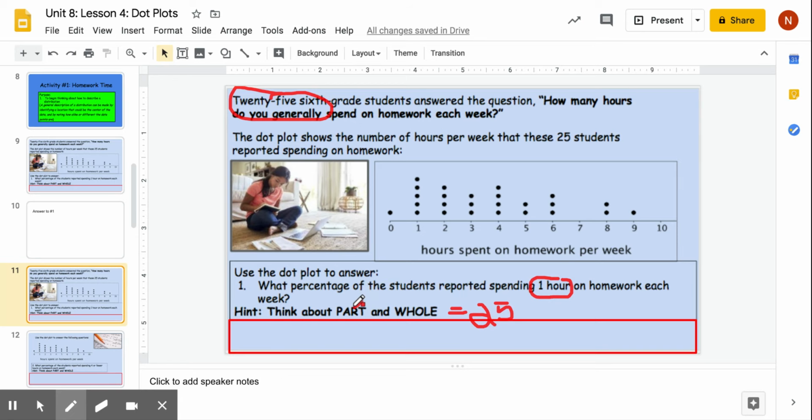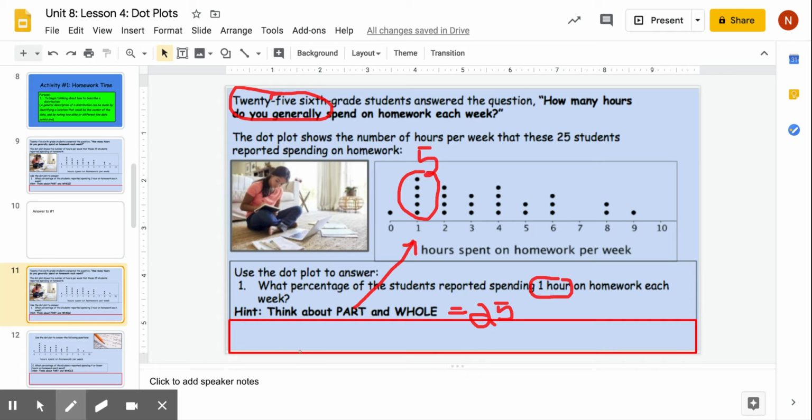So our part is right here. How many students spent 1 hour per week on homework? And that's 1, 2, 3, 4, 5. So my part equals 5.